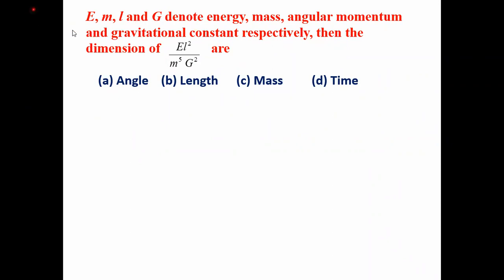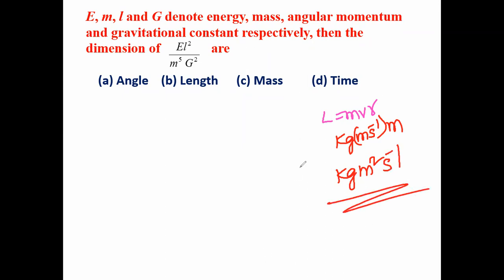E is energy, M is mass, L is angular momentum, G is the universal gravitational constant. First we'll take the angular momentum dimensional formula. L is equal to MVR, which is kg meter per second times meter, kg meter square per second.